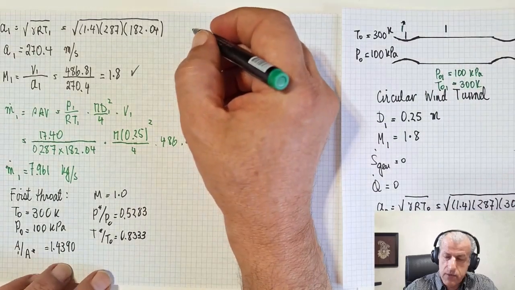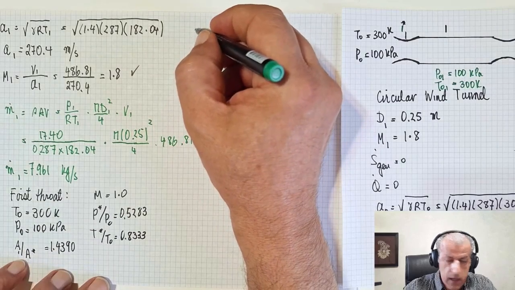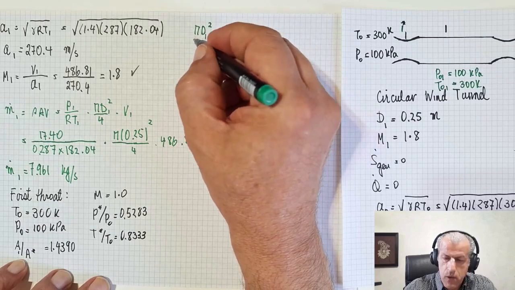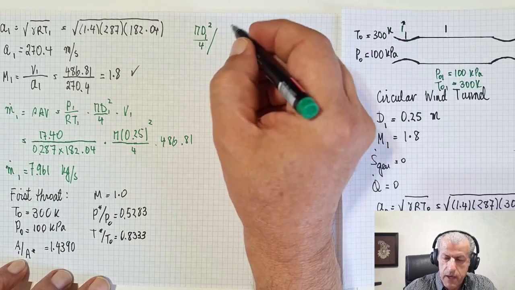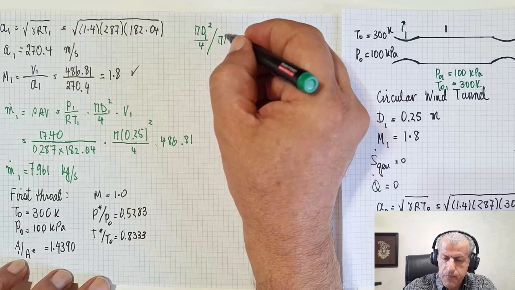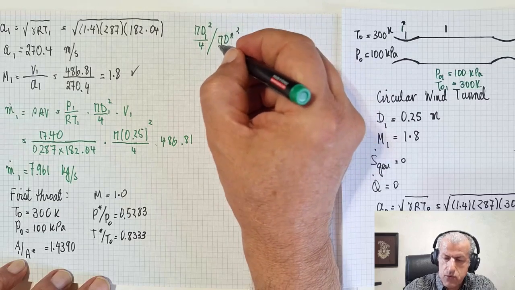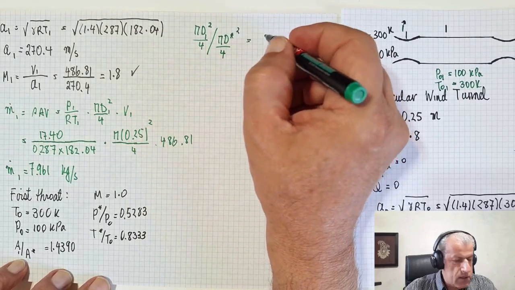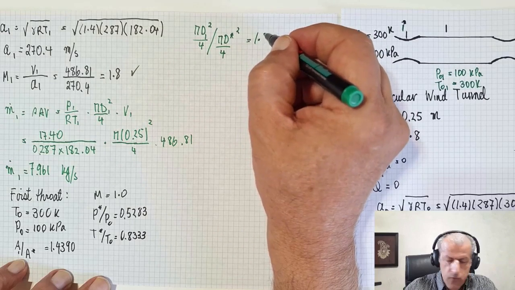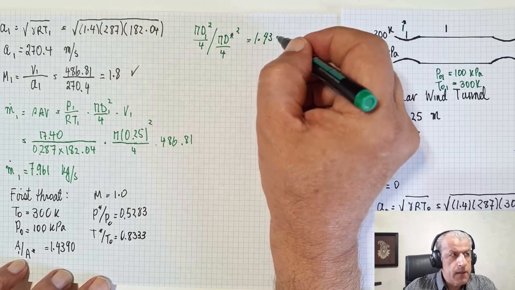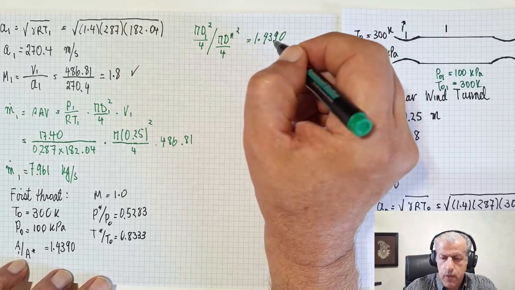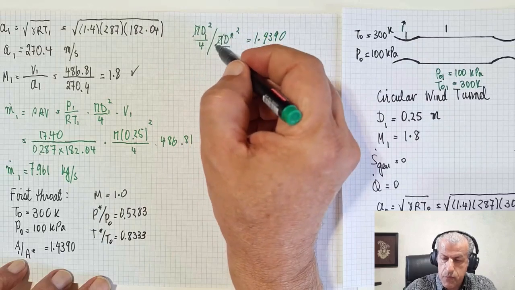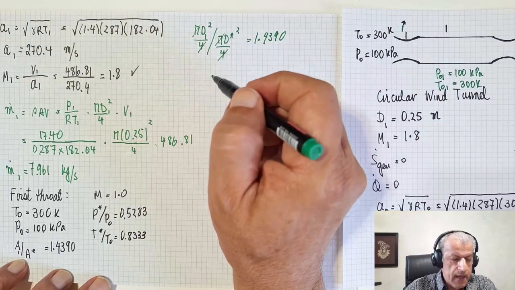You see, we could write it as pi d1 squared over 4 divided by pi d star squared over 4, which are the two areas, equals 1.4390, and therefore the two pi's and the two 4's cancel out.